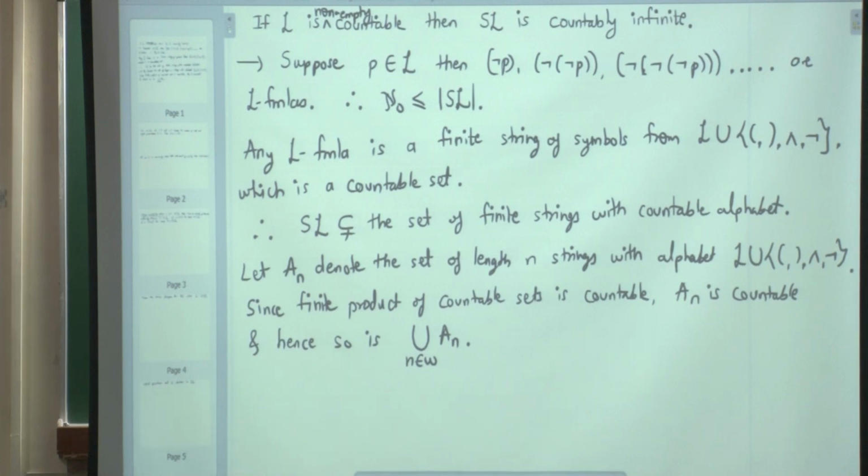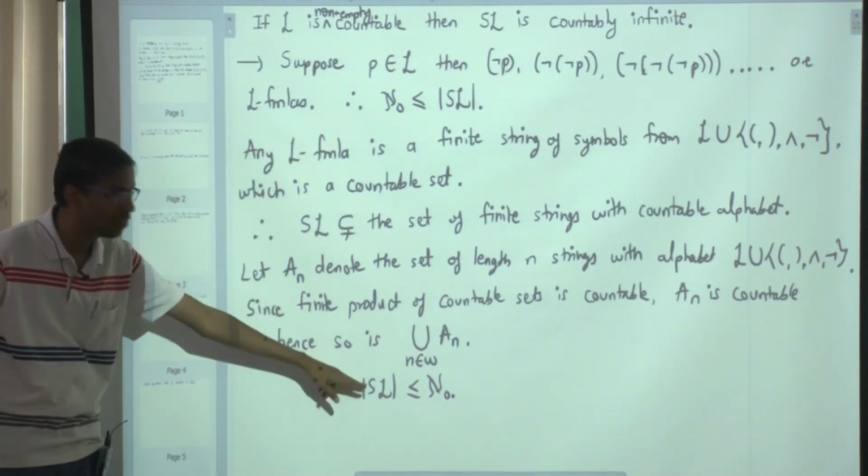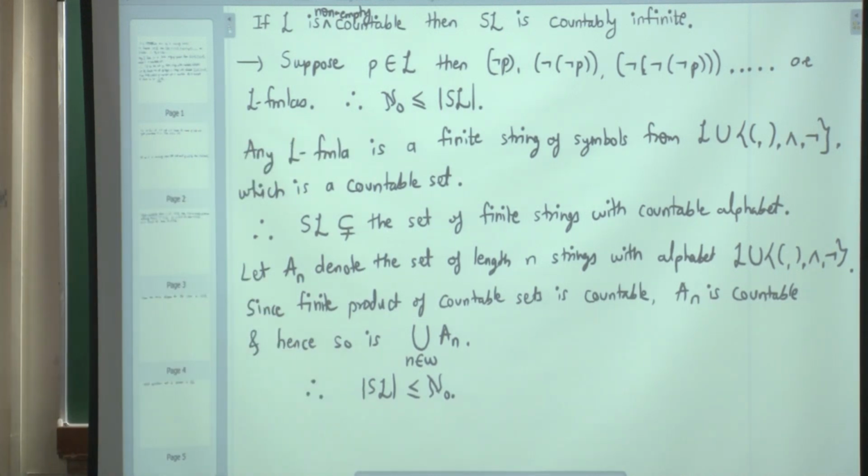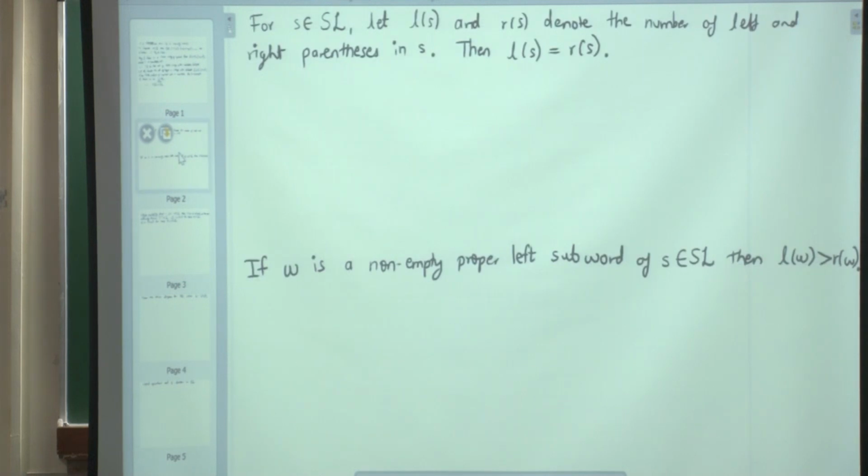So therefore we are done. We showed that aleph naught is a lower bound, aleph naught is an upper bound, and therefore we get what we need. Any questions? This is perhaps the simplest possible question. Let's go to the next question.